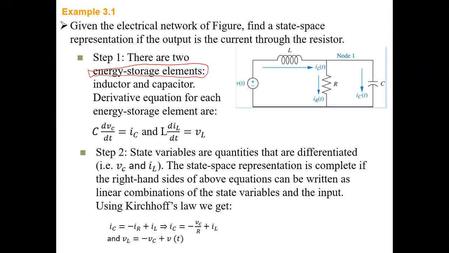I need your help, please. What are they? You have the inductor, and the resistor is not an energy storage element. You have the capacitor. So how do you write a differential equation in terms of L and in terms of C?